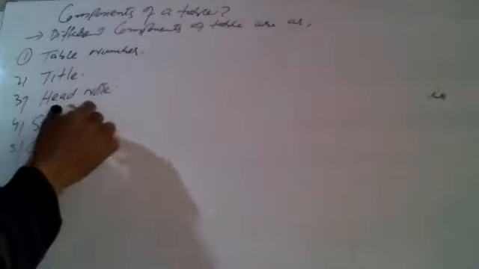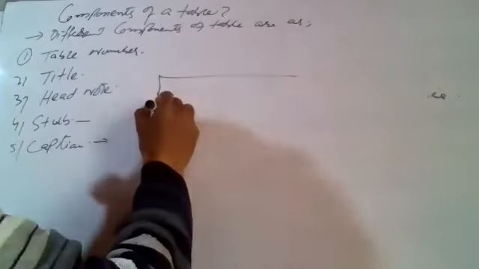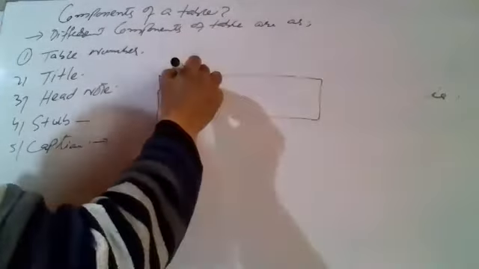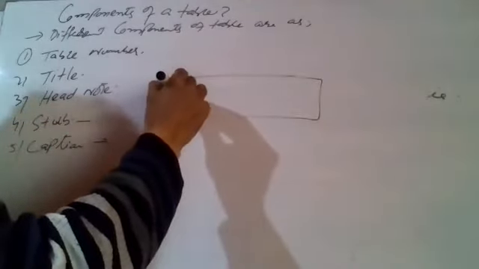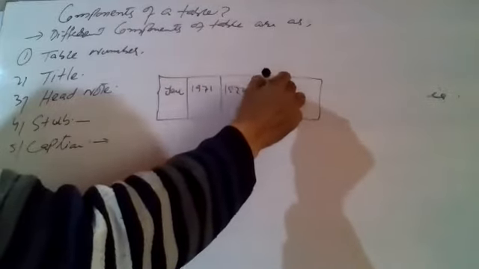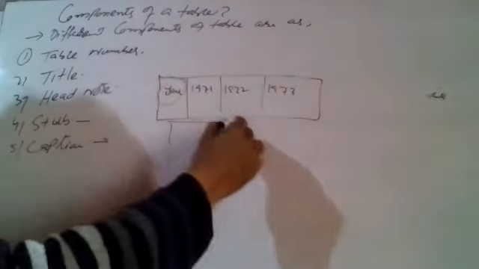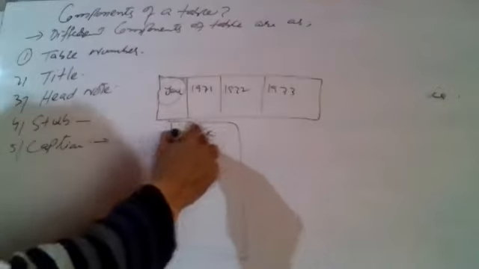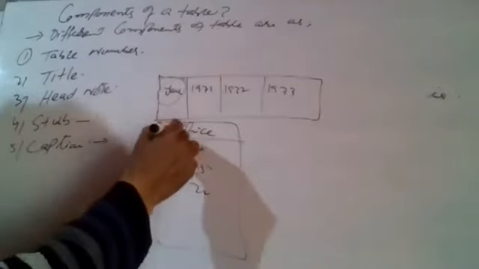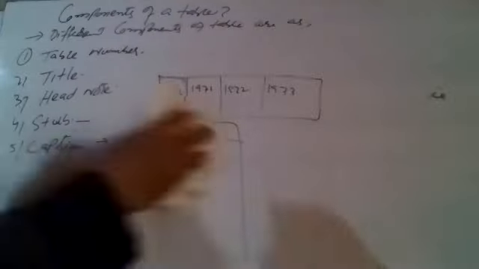Sorry, वो तो रोज के लिए है, ये कॉलम के लिए. रो ऐसा होता है, इसमें फॉर एग्जांपल ईयर हम लिखेंगे, 1971, 1972, 1973. सो ये ईयर जो है ये सेटअप है. कॉलम के लिए कैप्शन है. फॉर एग्जांपल जैसे अब मैंने अभी दे दिया प्राइस 10, 15, 20. ये प्राइस जो लिखा है ये कैप्शन है. It is the title given to the column and the setup is the title given to the row.